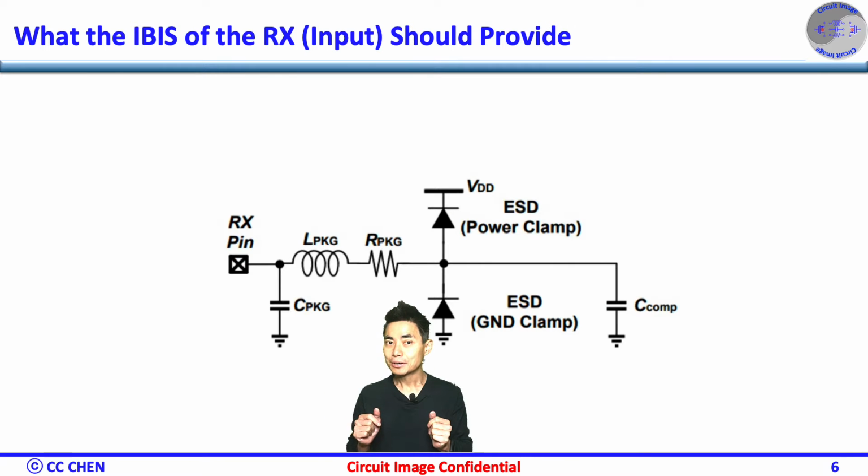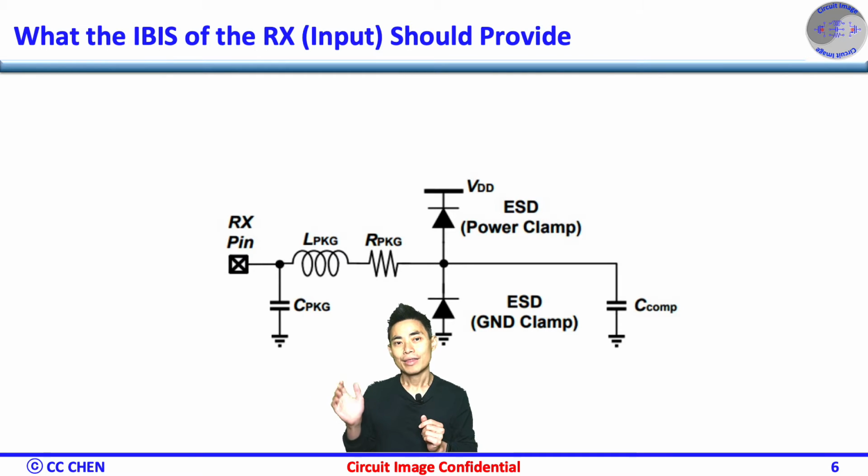After understanding why we need IBIS models, we may need to know what the input buffer should provide. Let's start with a simpler RX input buffer as shown here. To make an accurate IBIS model, both the package parasitics and the ESD structures must be included in the model parameters.